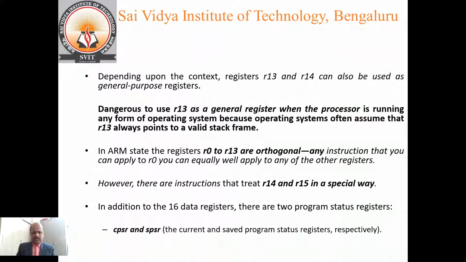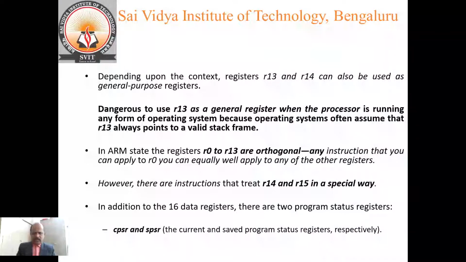In ARM state, the registers R0 to R13 are orthogonal. Any instruction that you can apply to R0, you can equally well apply to any of the other registers. However, there are instructions that treat R14 and R15 in a special way.